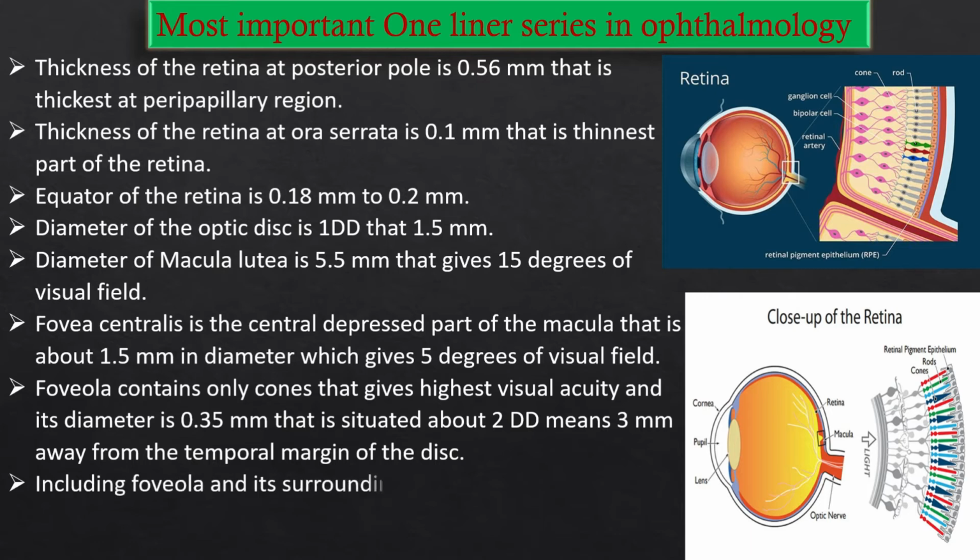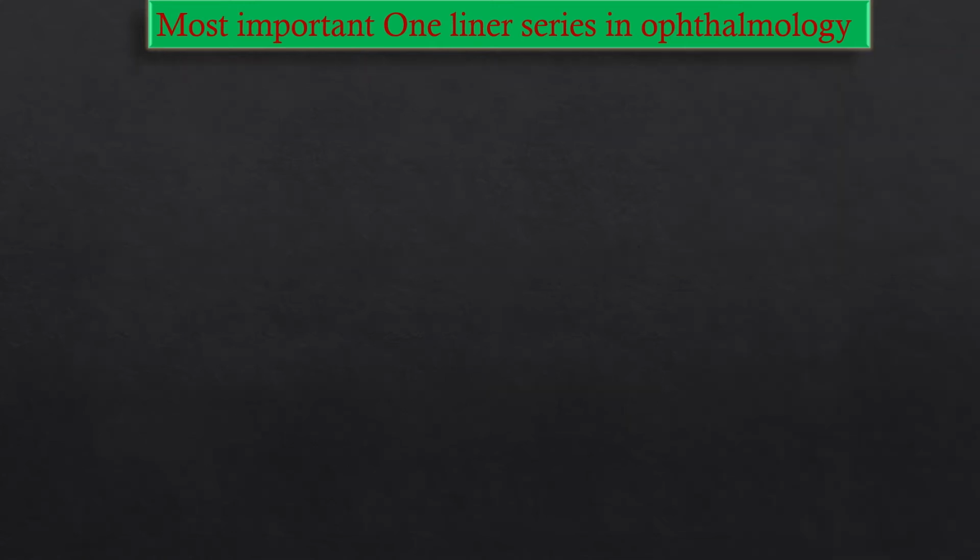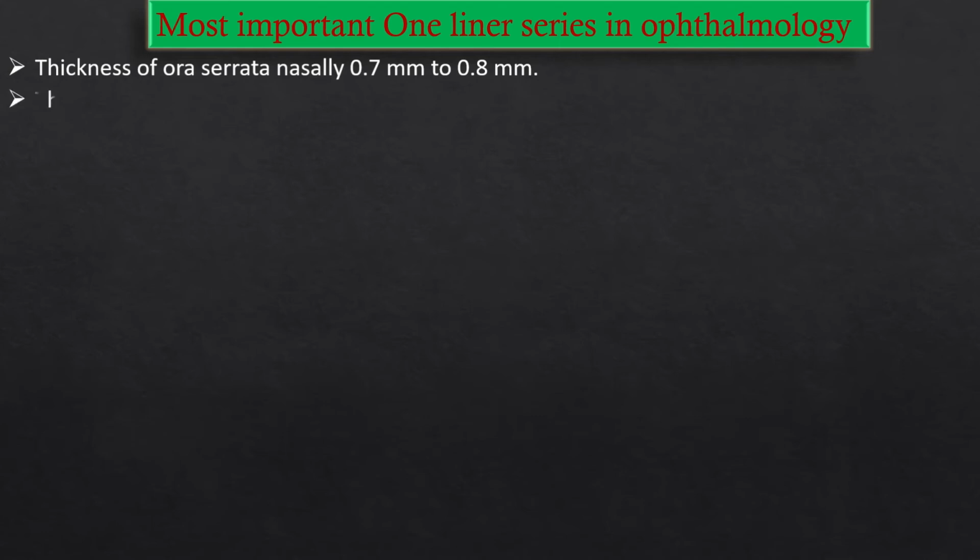Including foveola and its surrounding area, about 0.8 mm in diameter does not contain any retinal capillaries, that is called foveal avascular zone, FAZ.